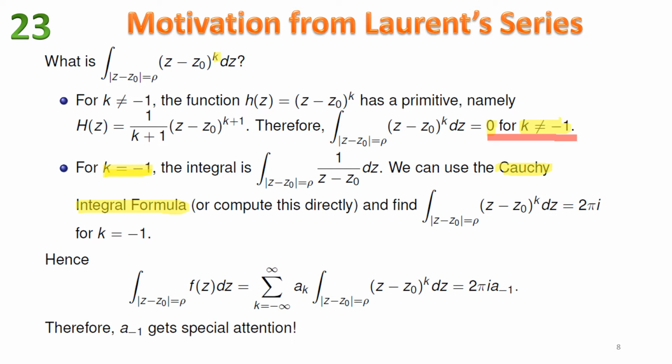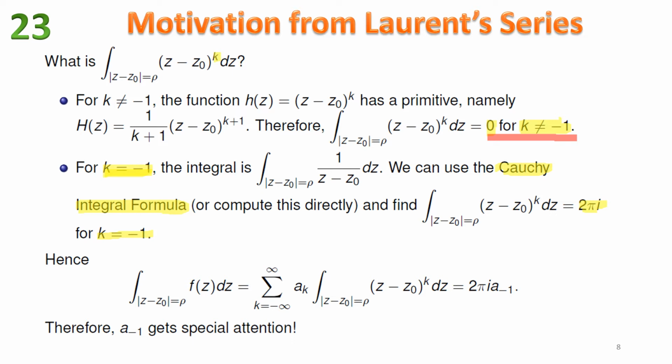To keep this lecture compact, I cannot repeat those concepts here. The Cauchy integral formula for this situation gives 2 pi i, and this is for the value minus 1 because we have plugged in that value.